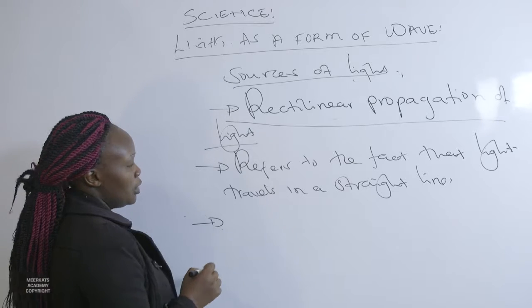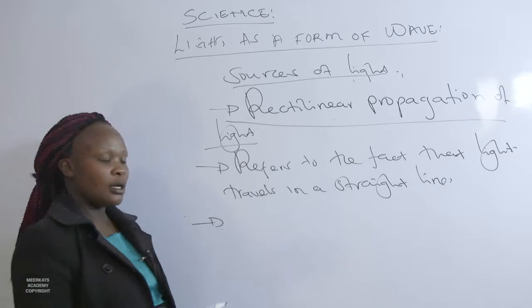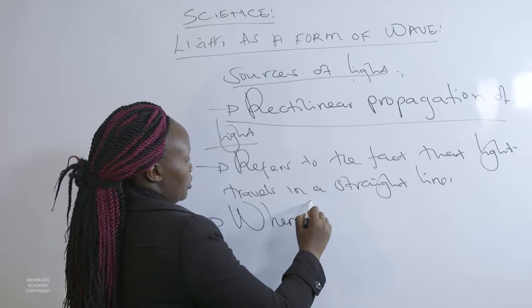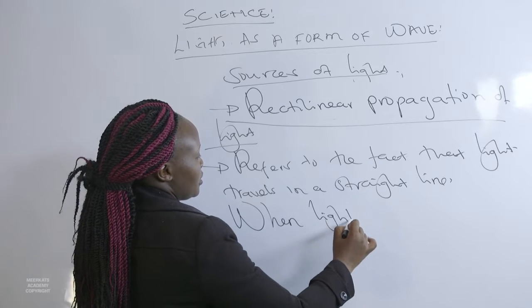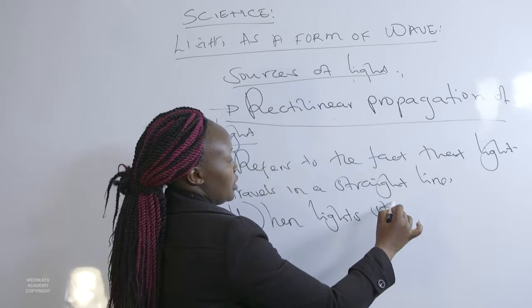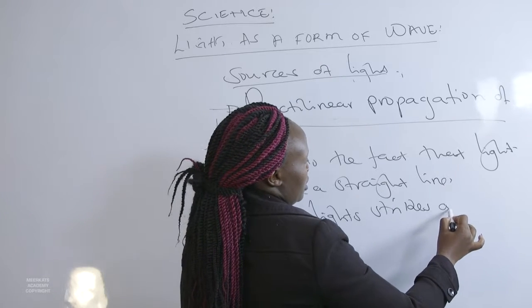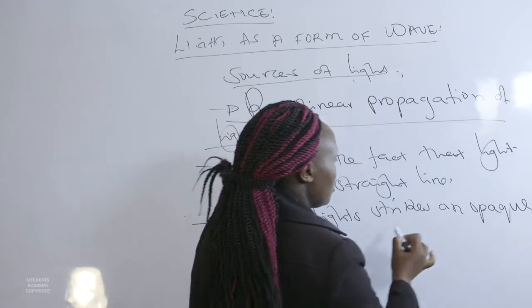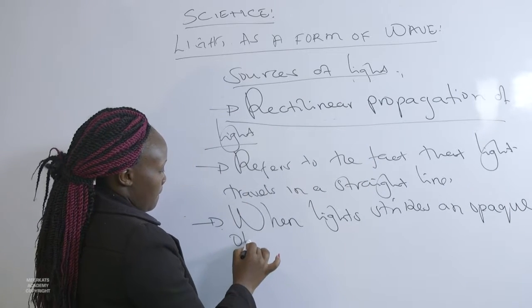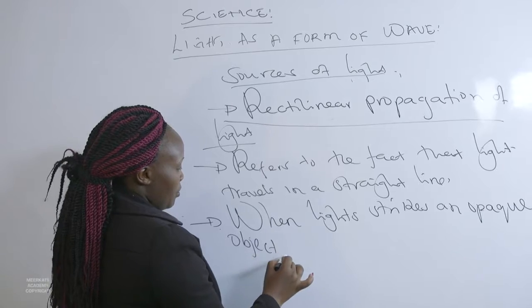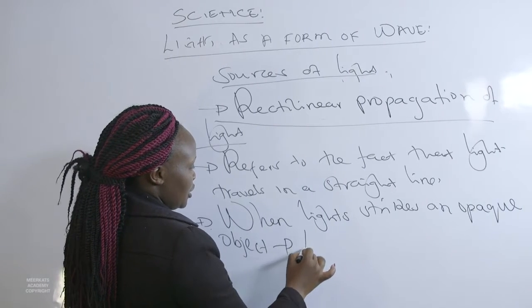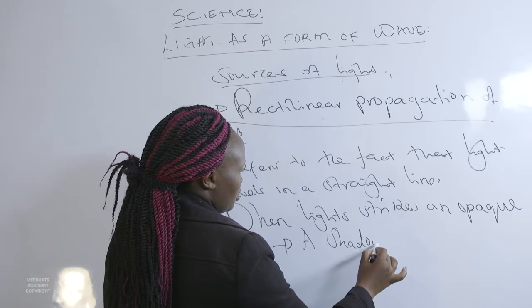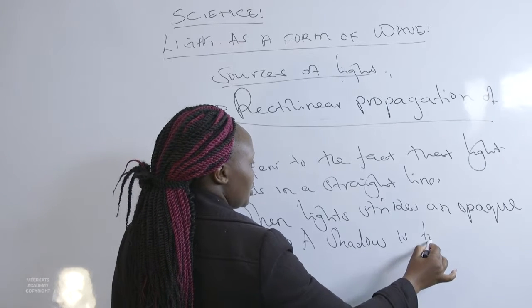Now, when light comes across an opaque object, when light strikes an opaque object, what happens is that a shadow is formed.